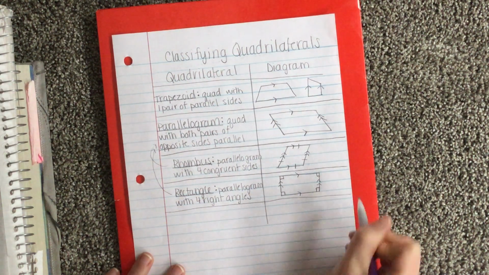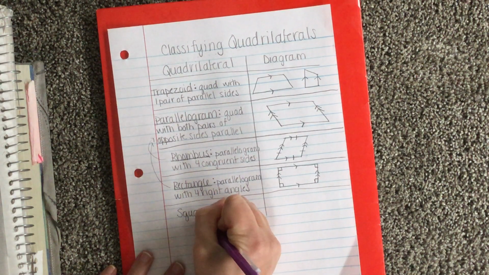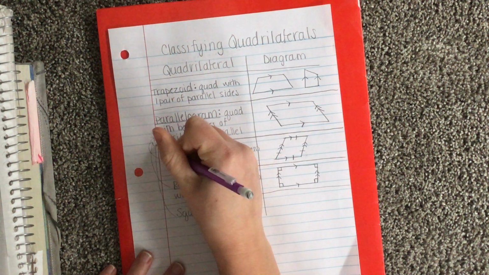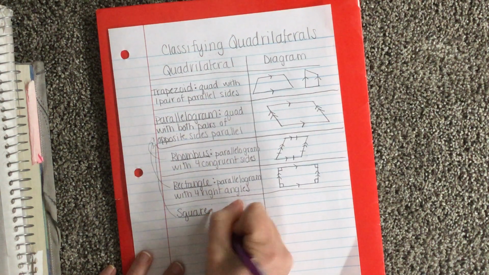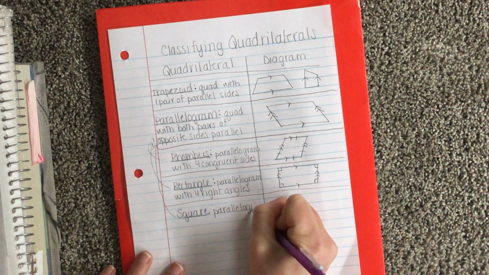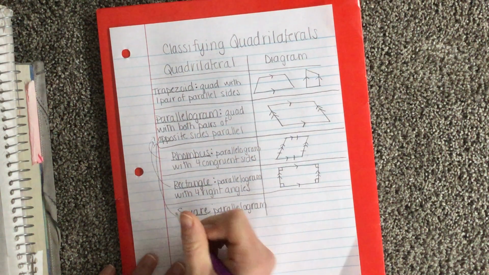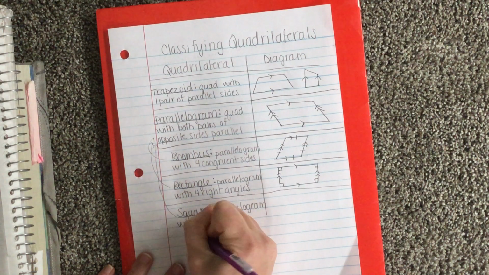One more. Square. A square is also a parallelogram. Why? Because it has 2 sets of parallel sides with 4 right angles and 4 congruent sides.